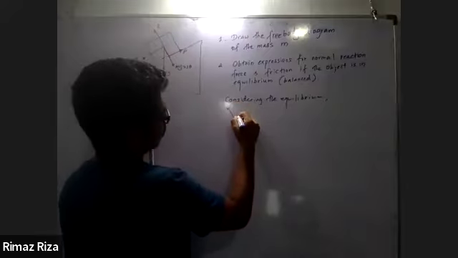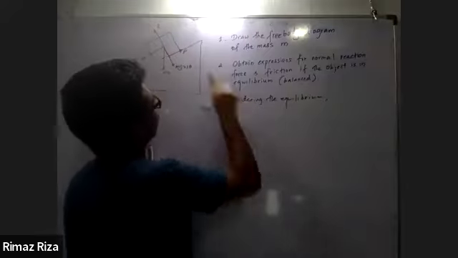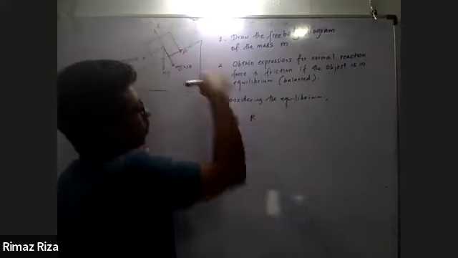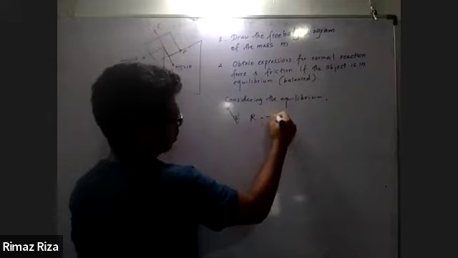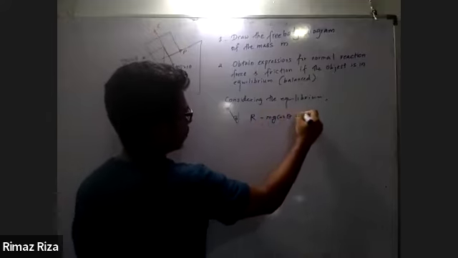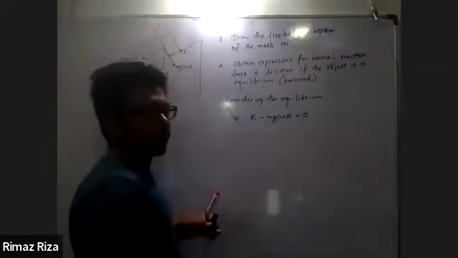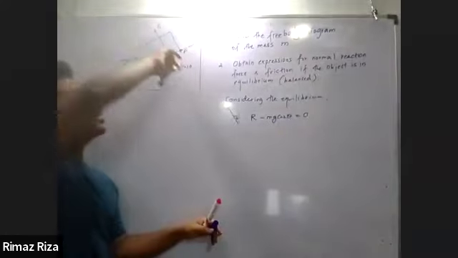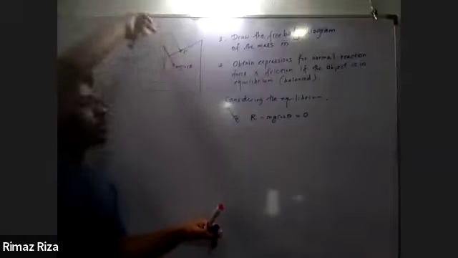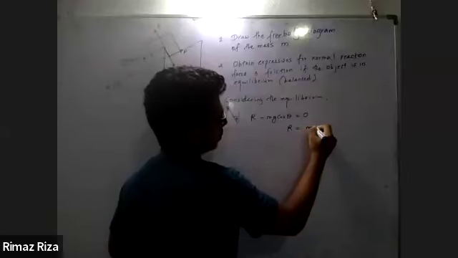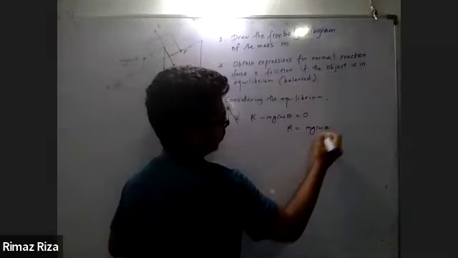This angle is theta. In this direction we have R and in the opposite direction mg cos theta. So this has to be zero. The resultant force is zero because there is no movement in this direction. Therefore, R equals mg cos theta.